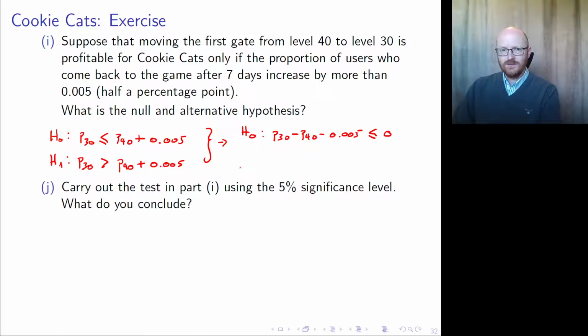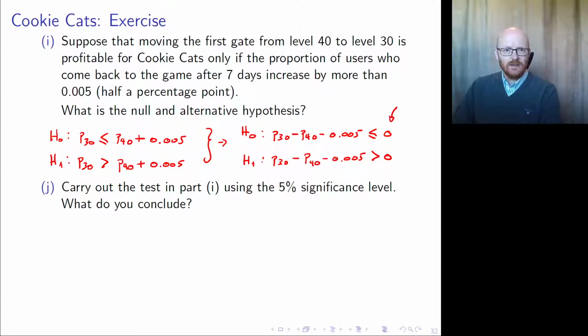Then we make no change. Okay, and the alternative hypothesis is that this sum, or difference, I should say, is greater than 0.